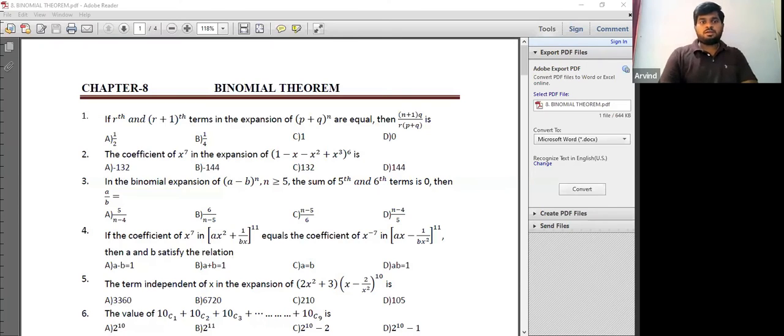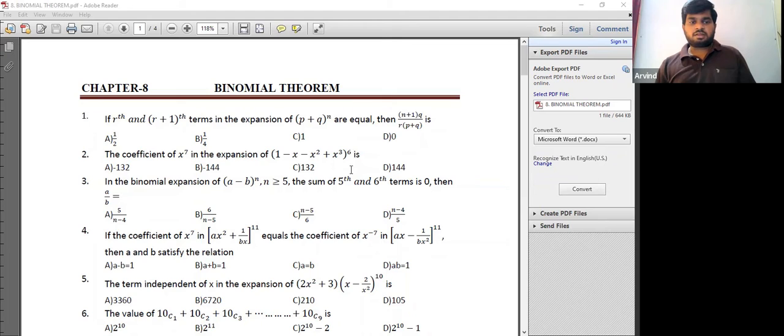Okay. So the first question: if the rth term and the (r plus 1)th term in the expansion of (p plus q) whole to the power n are equal, then what is the value of (n plus 1) into q divided by r into (p plus q)? The given binomial is (p plus q) whole to the power n.